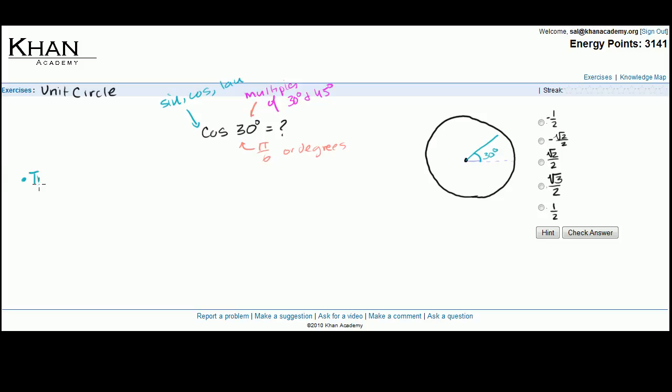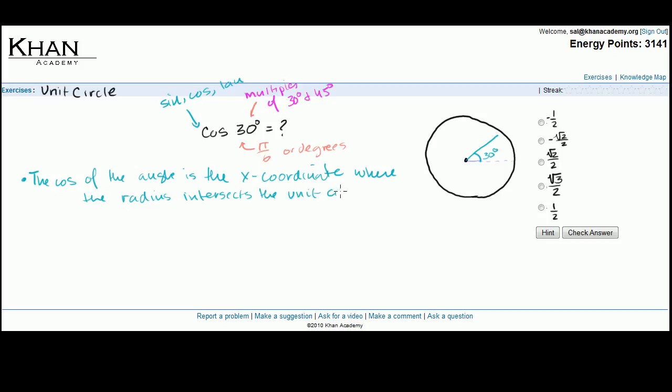You say, the cosine of the angle is the x coordinate of where the radius intersects the unit circle.